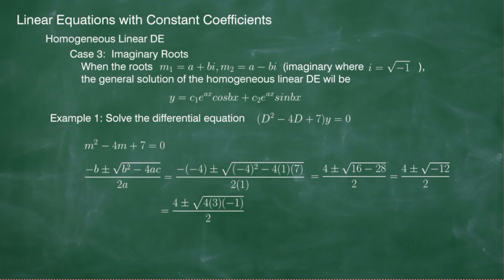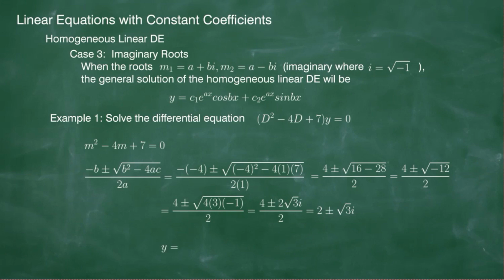So we can extract the square root of 4, that is 2, and the square root of negative 1 is i. So we have 4 plus and minus 2 times the square root of 3 times i, all over 2. Dividing by 2, we get 2 plus and minus the square root of 3 times i. So we have imaginary roots 2 plus root 3 i and 2 minus root 3 i.